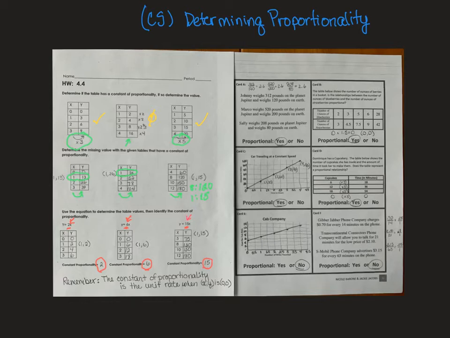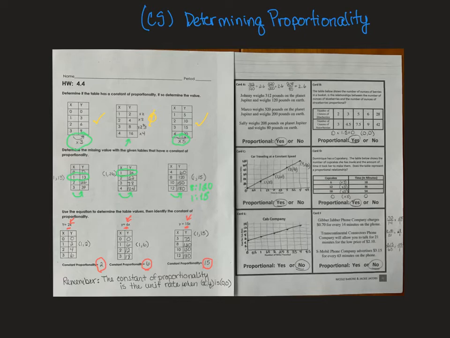That is critical. Then you just go through the table and you multiply whatever by whatever that constant is, and then you can fill out the table. You're using the equation, remembering that the number you are multiplying the x by is the constant of proportionality.